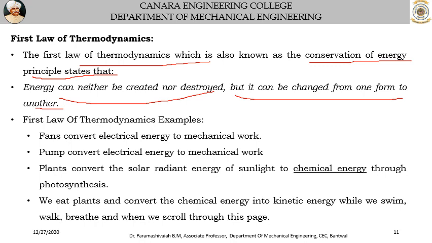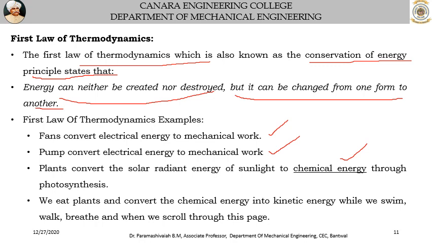Examples of the first law of thermodynamics: fans convert electrical energy into mechanical rotation or work. The pump converts electrical energy into mechanical work for lifting fluids. Plants convert the solar radiant energy of sunlight into chemical energy by a process called photosynthesis.